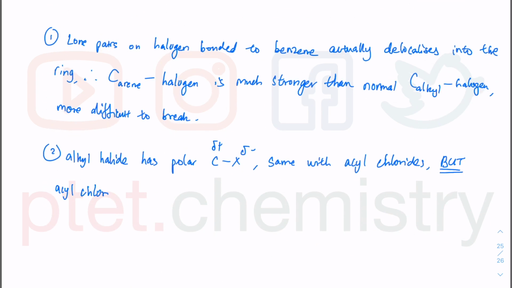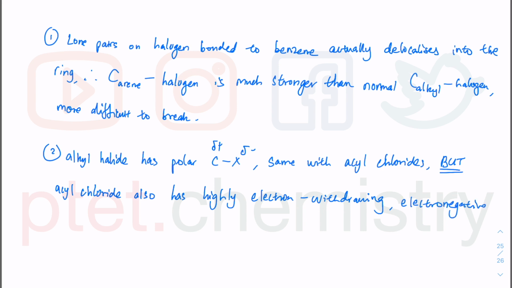Acyl chloride also has a highly electronegative, very electronegative oxygen.